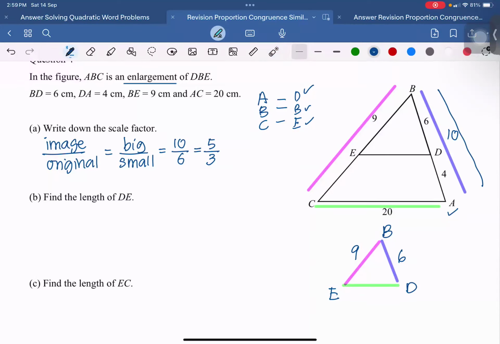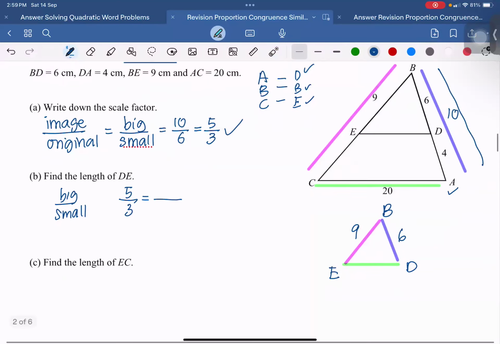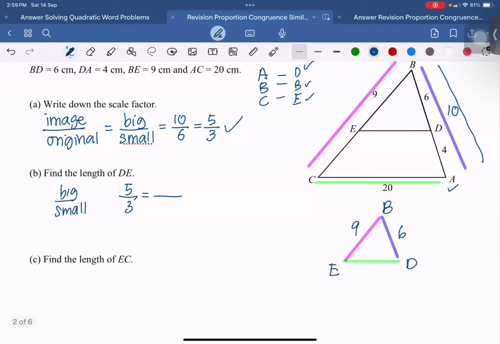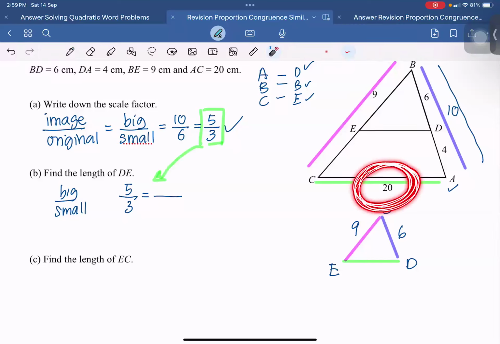Since we already have our scale factor, big over small, which is 5/3, or rather 10/6, I take it to be the big one over ED, the small one. Big is the number matching side. Big is 20. The small one is the ED you need to find.